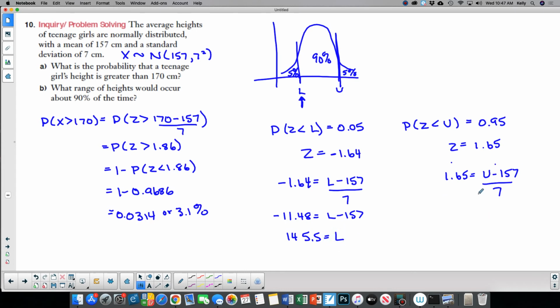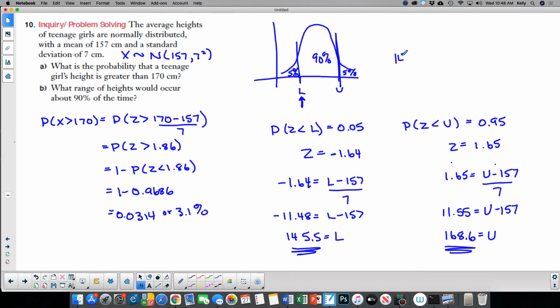And we'll do the same thing over here. 7 times 1.65 is 11.55 equals the upper bound minus 157, and then add 157 on both sides, which gives us basically 168.6, which will equal the upper bound. So here's the range of the data from here to here.